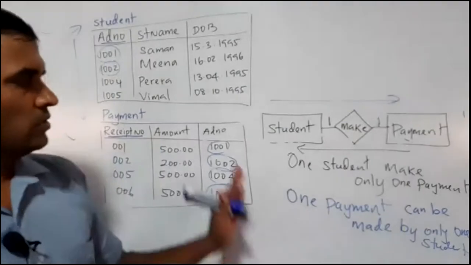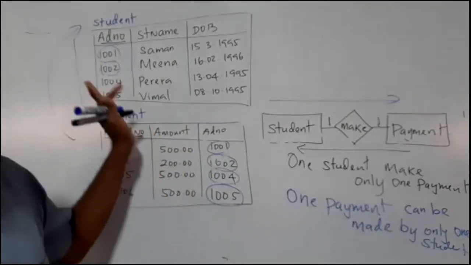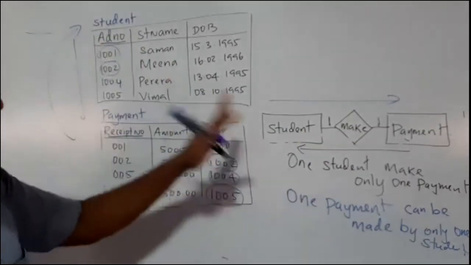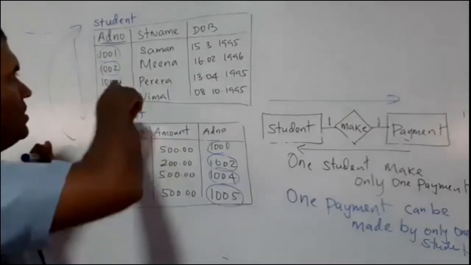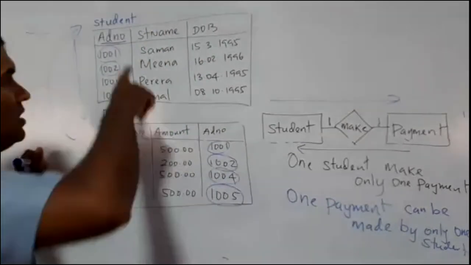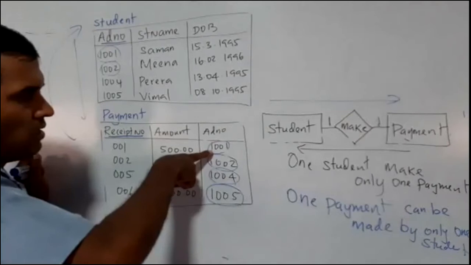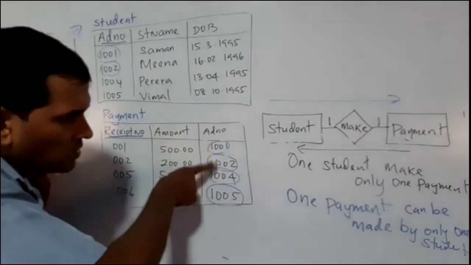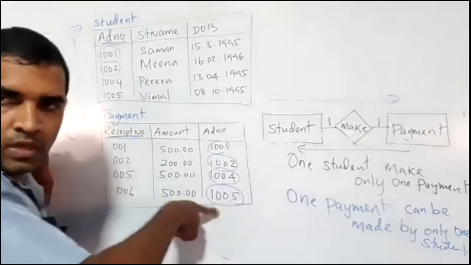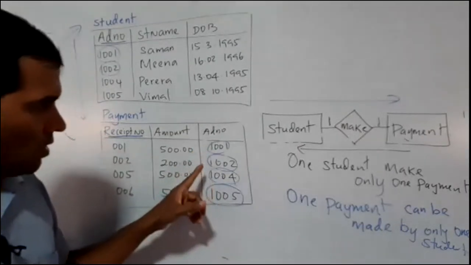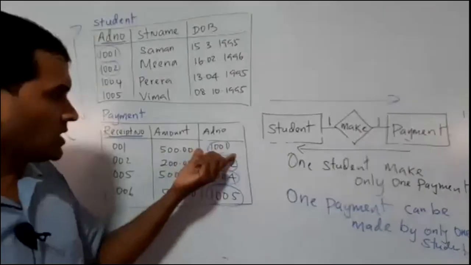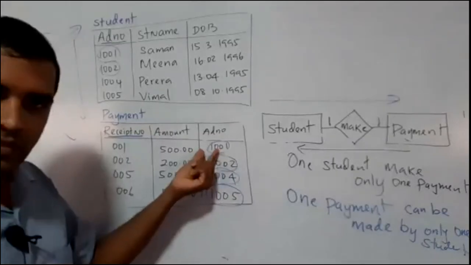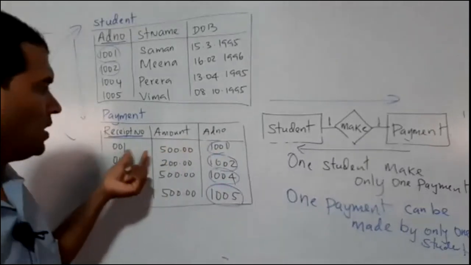Right? So you can even check these meaningful ideas here. Because look there, for example, this 1001 is entered only one time, right? There is no more 1001. I have only 1001, only one time. Why? This 1001, who is it? Saman. This 1001, which is Saman, made only one payment.